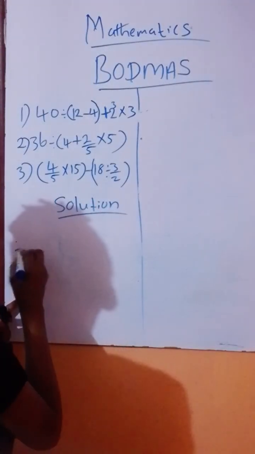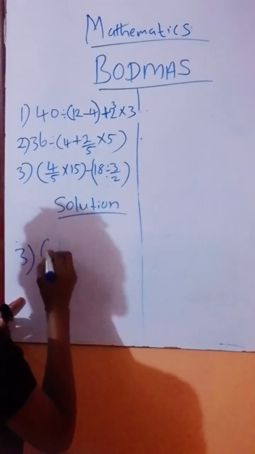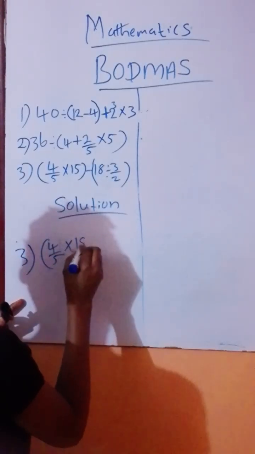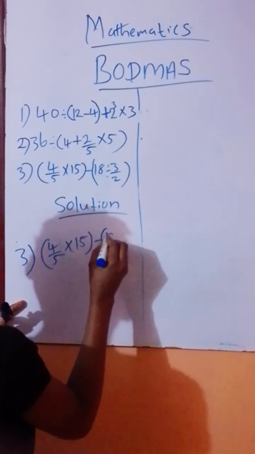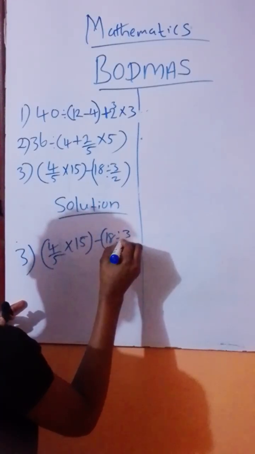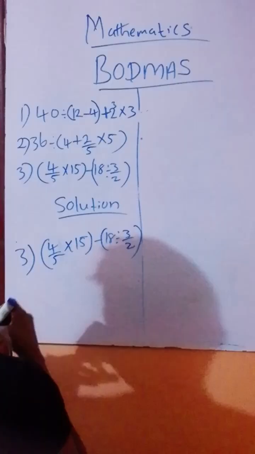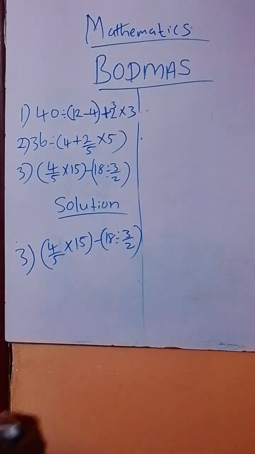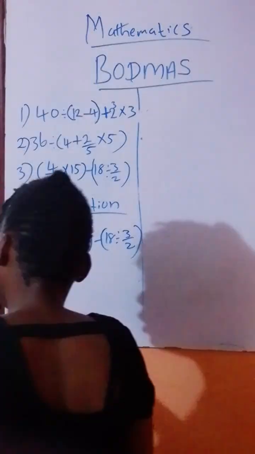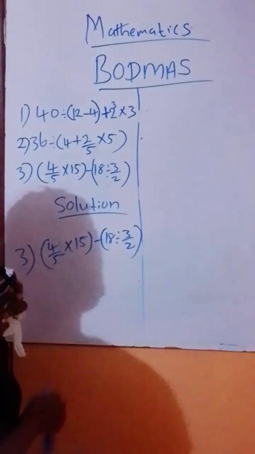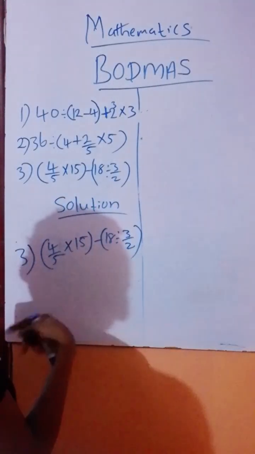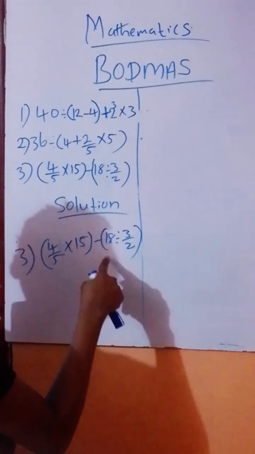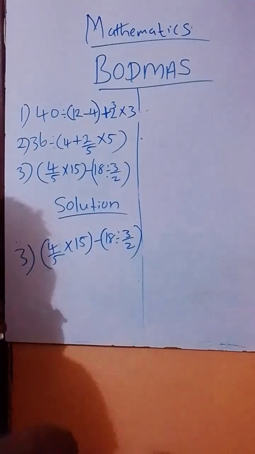Question 3. This is our question 3. Here we have bracket 4 over 5 times 15 bracket minus bracket 18 divide 3 over 2 bracket.